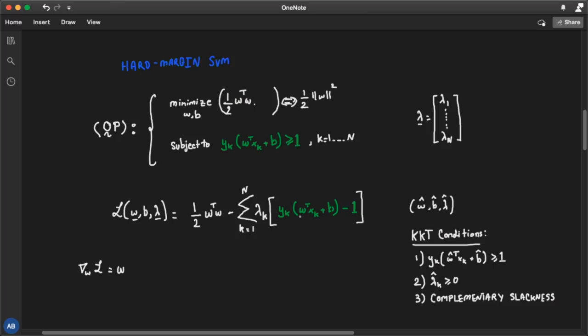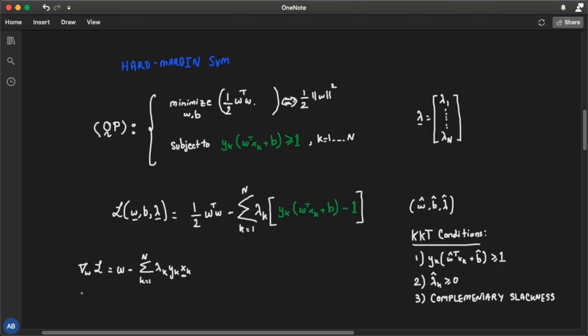So what I'm going to be left with is only this term without the W, as if you're deriving 2x. What's the derivative of 2x with respect to x? It's 2. So what are the terms that are independent of W in this part over here? It's lambda k, yk, xk. Note that lambdas and y's are scalars and the x is a vector. Okay?